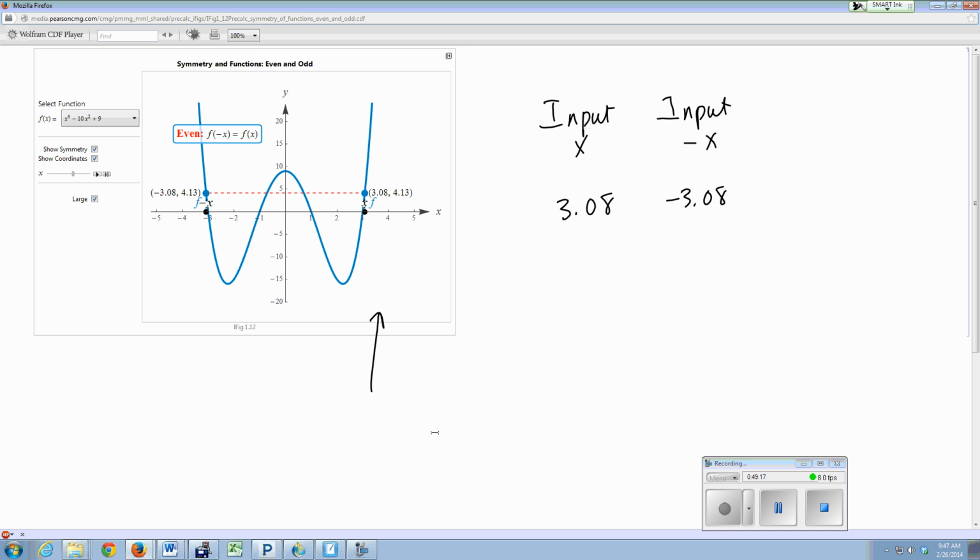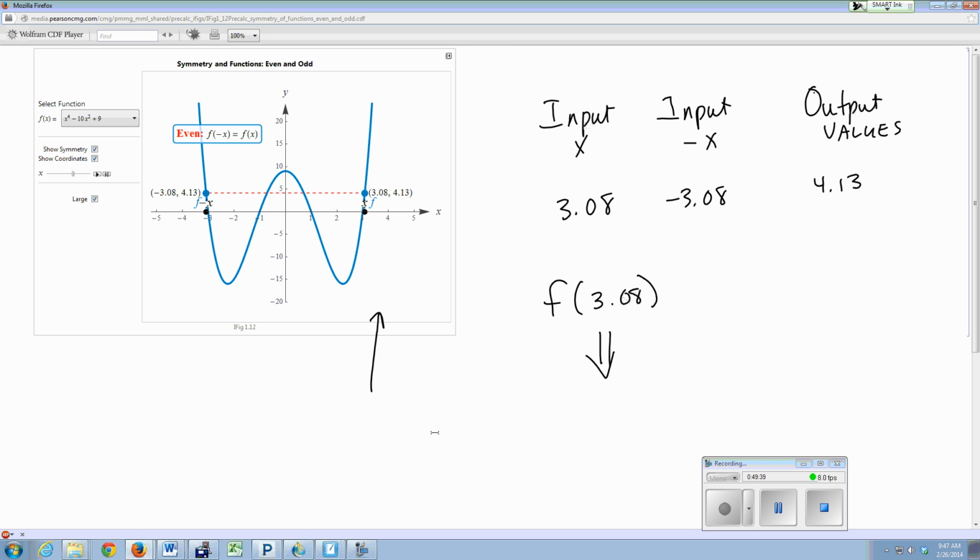Okay, and then output values, are they the same? What are they? 4.13. Okay, so this is how I would write it to show that this is an even function. F of 3.08. What does this represent?